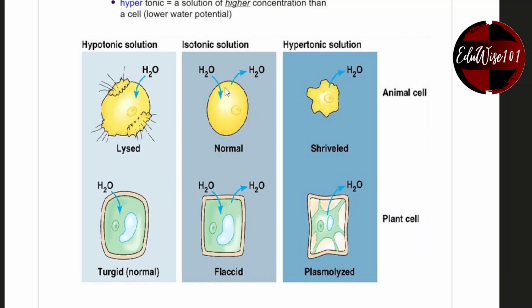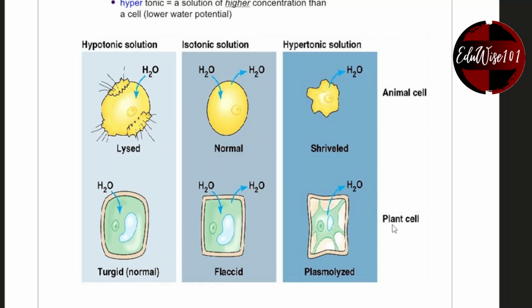In isotonic solution, the cell size is maintained in both plant and animal cells, and the net movement of water is the same. In hypertonic solution, in animal cells, the water moves out, which means that the cell shrivels up, so we call it shriveled.